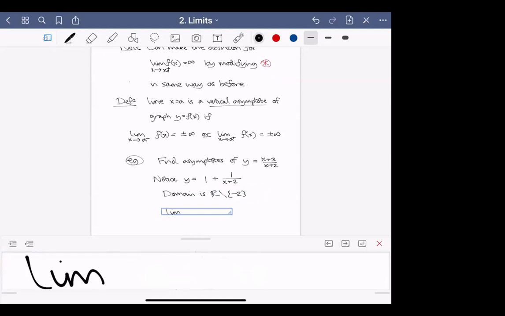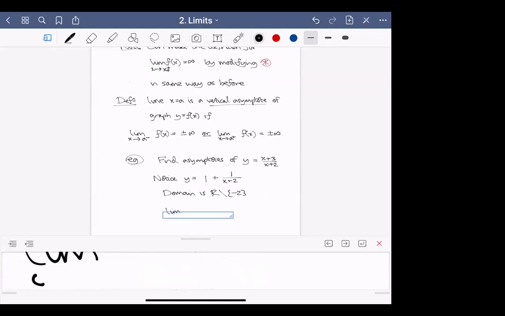So let's calculate the limit as x goes to minus 2 from above of this.